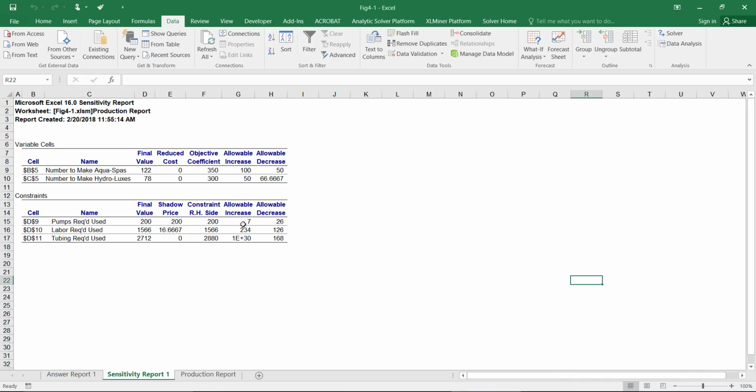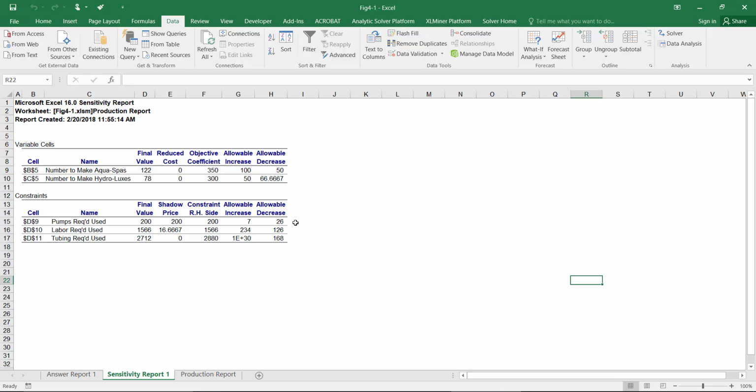This basically says that if I increase the right hand side in this range by 7 units or decrease it by this much, I have a change in the objective function of 200 units whenever I change 1 unit.